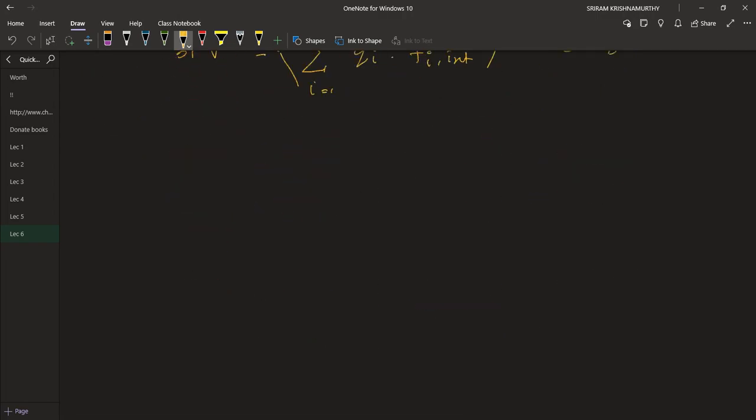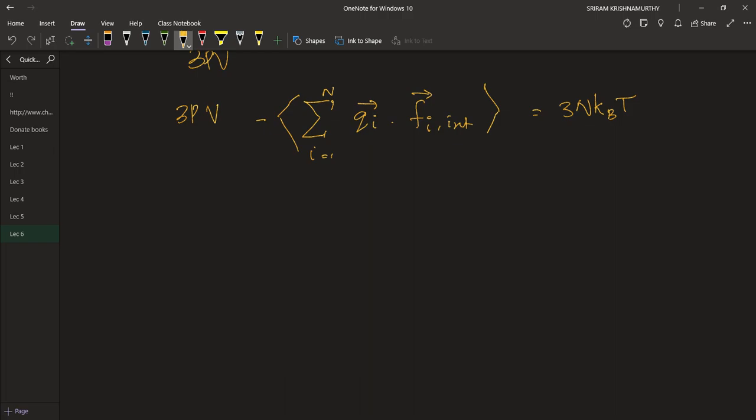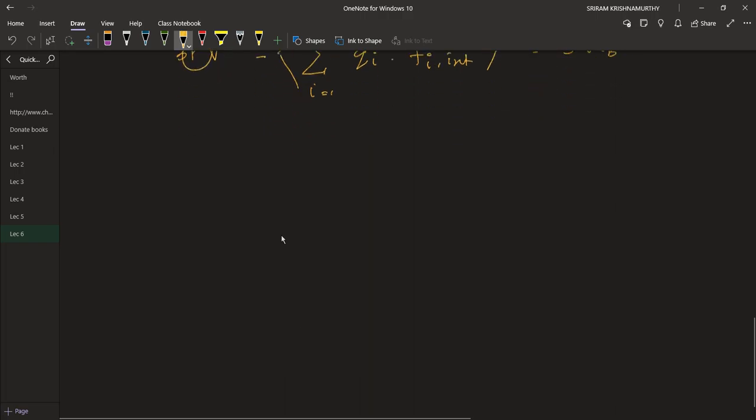and we are already getting a relationship for pressure. You can see that the pressure has already appeared in our equations here.